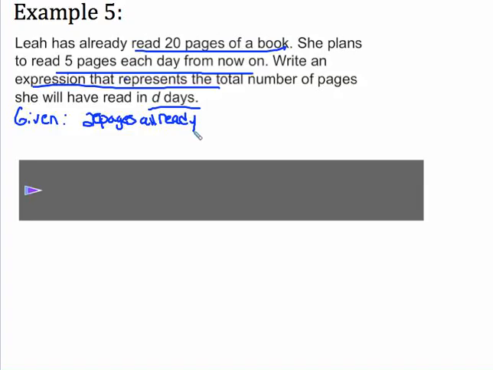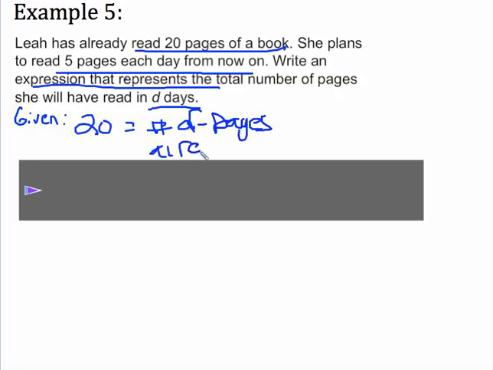I'm going to rewrite that because that came out kind of messy. We know that Leah has already read 20 pages, so 20 is equal to the number of pages already read.